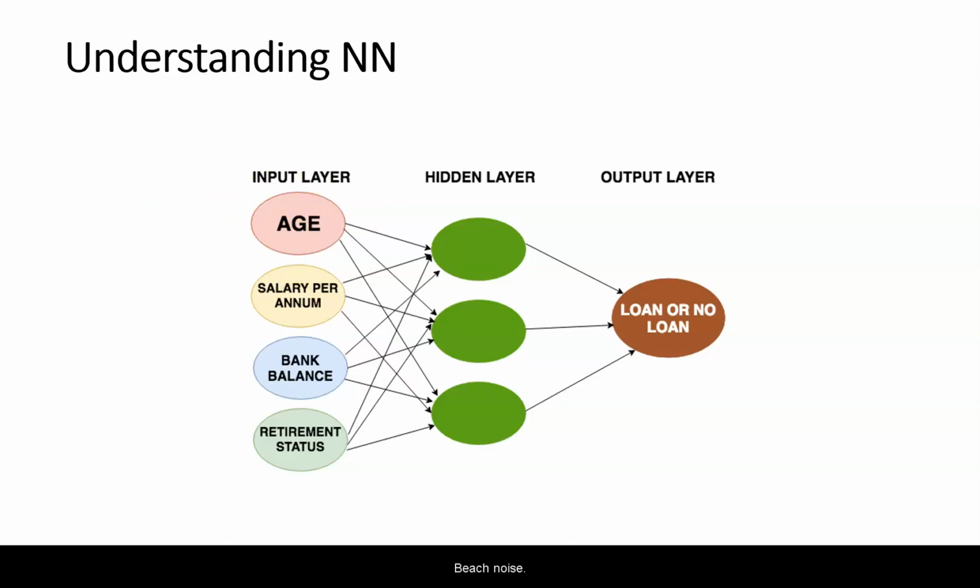Hence, each node adds to the model's capability to capture the interaction between the data. The more nodes in the hidden layer, the more interaction can be captured by these hidden layers.